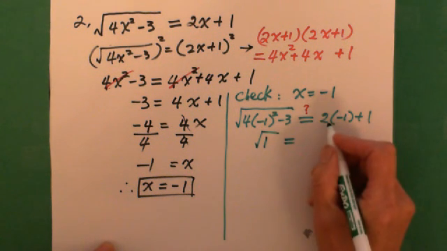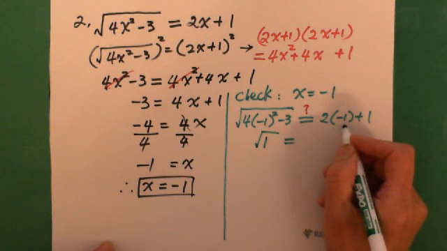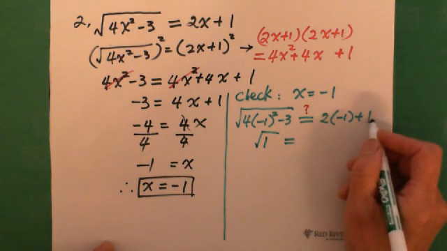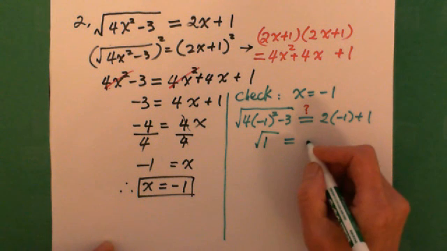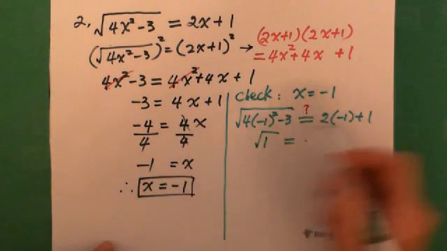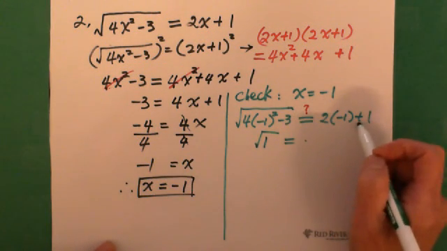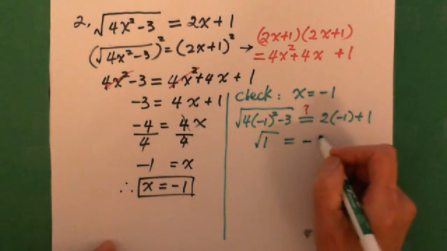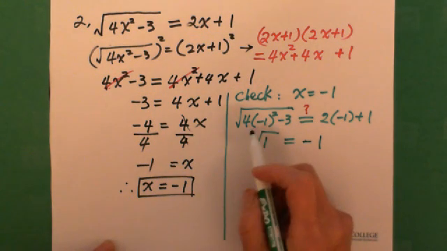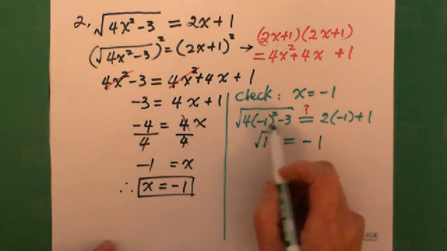The right side is 2 times negative 1, which is negative 2, plus 1 equals negative 1, right?